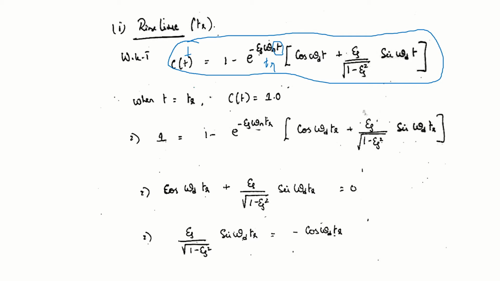So I'll substitute 1 in place of c(t). This is 1 minus e to the power of minus zeta omega n tr, times cos omega d tr plus zeta by root 1 minus zeta square sin omega d tr.